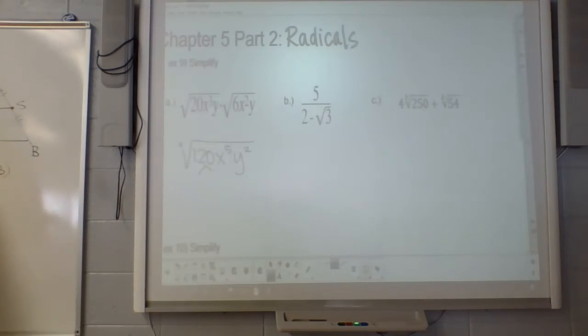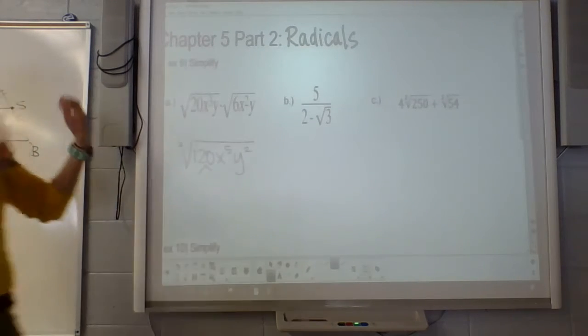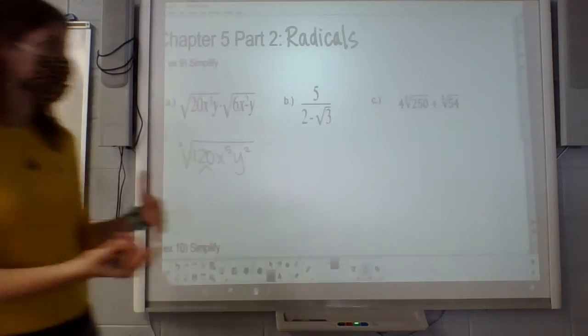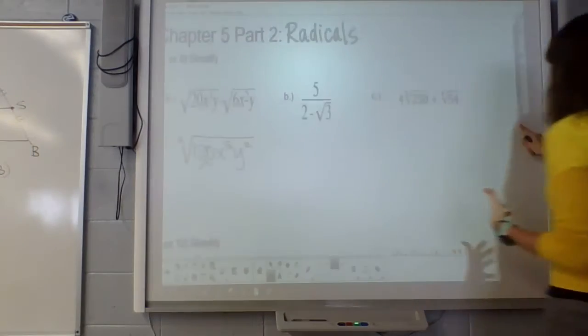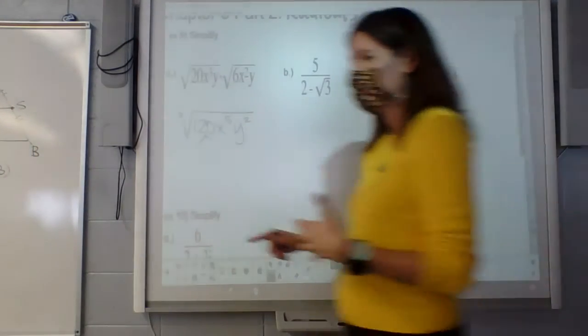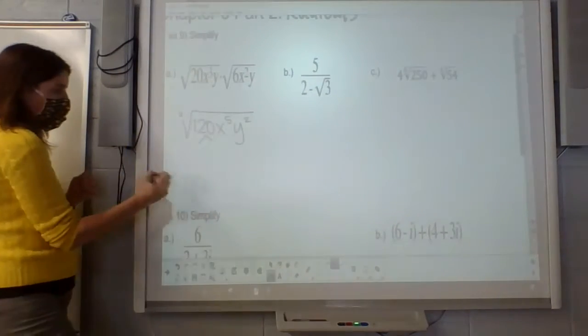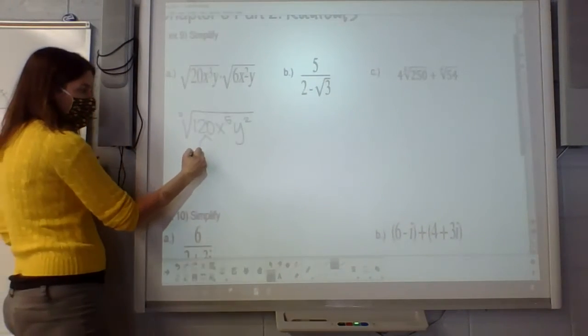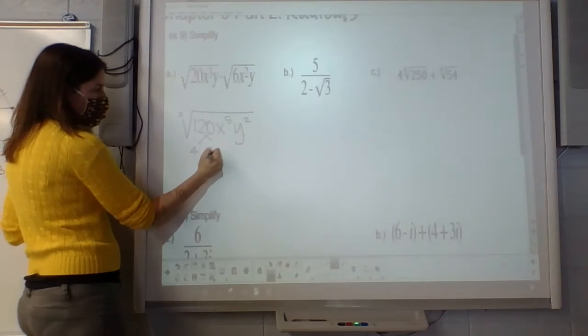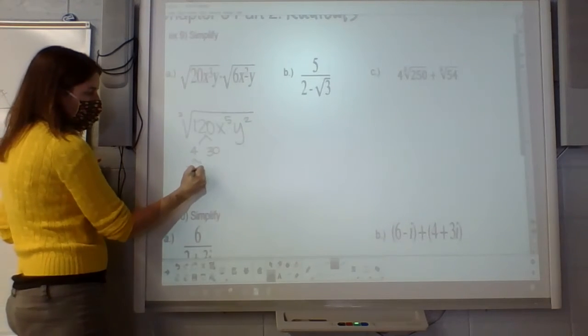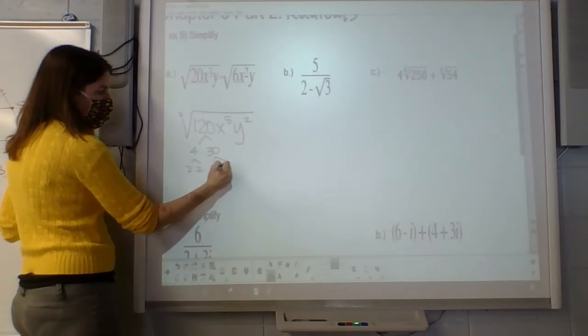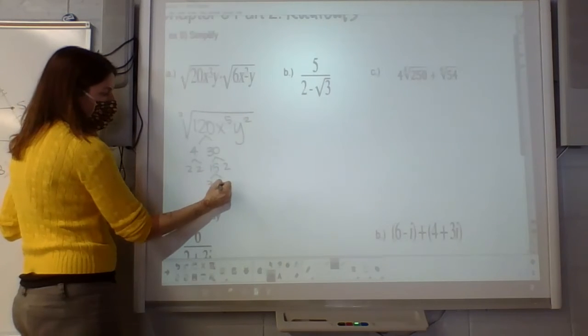Now, some of your calculators simplify the square root of 120 for you, and that's fine to do. You can do that in your calculator, and it will tell you what it breaks down to. Otherwise, if you don't know, or your calculator doesn't do that, we can break this up as 4 times 30, 2 times 2, 15 times 2, 3 times 5.